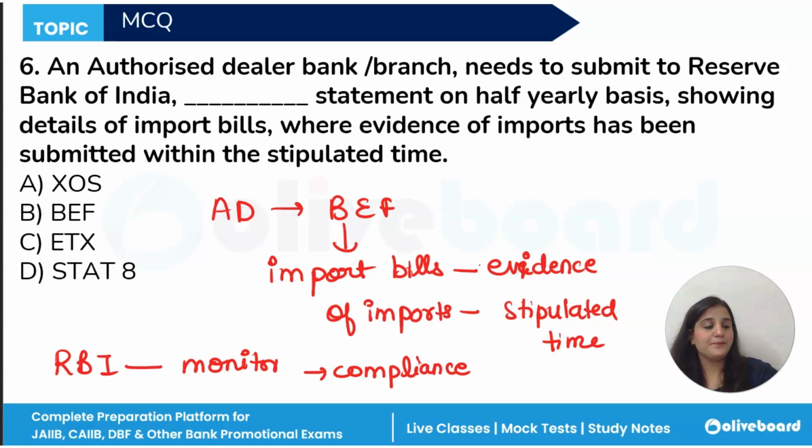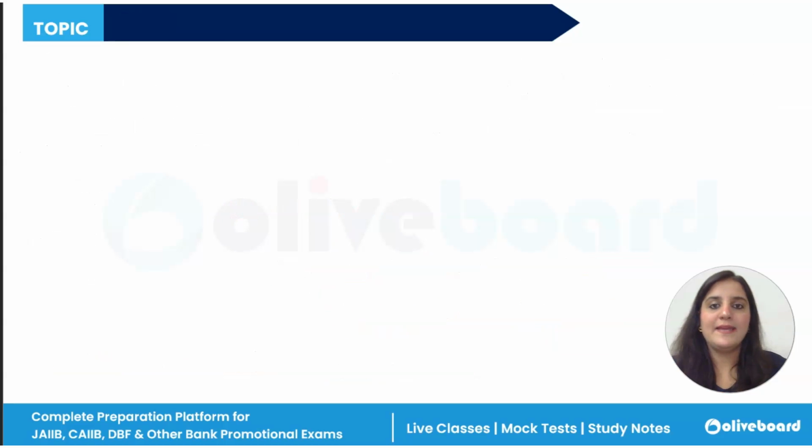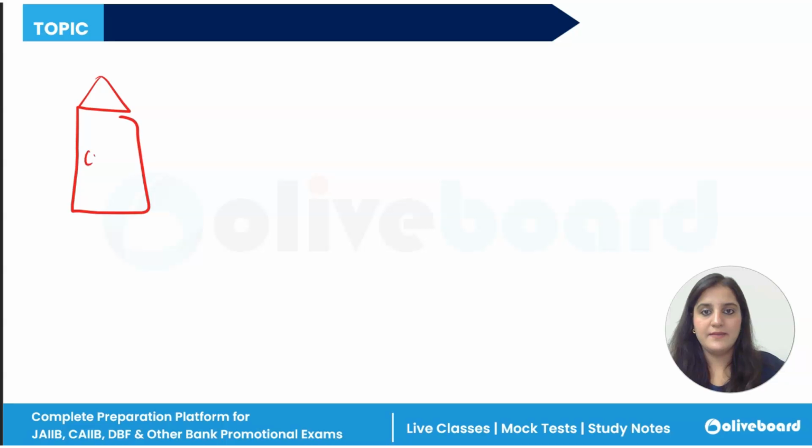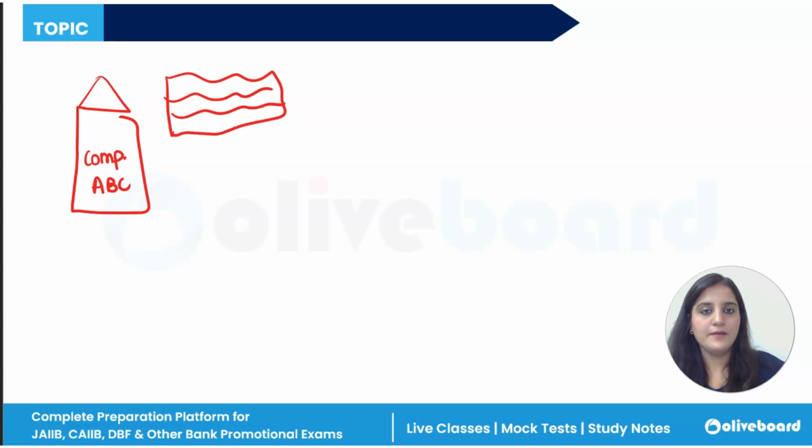For example, here we can understand this with the help of an example. Like there is a company, and this company is company ABC. This is an Indian company.